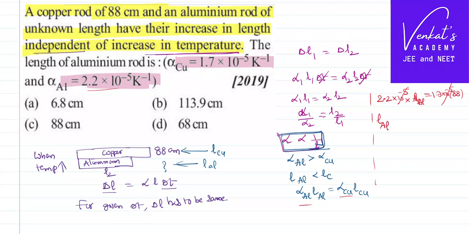So length of aluminum is 1.7 into 88 by 2.2. So this can be written as 17 into 88 by 22.